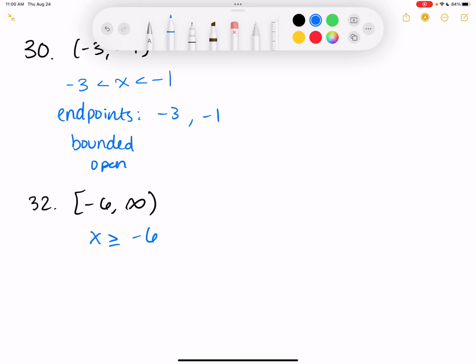Endpoints. -6. Yep, not infinity because that just keeps going. Endpoint would have to have a stopping point. Bounded or unbounded? Unbounded, because of the infinity. And open or closed? Closed.